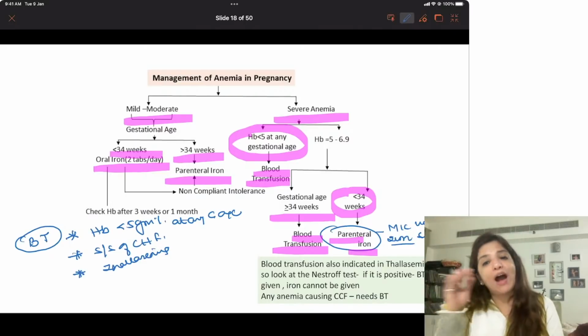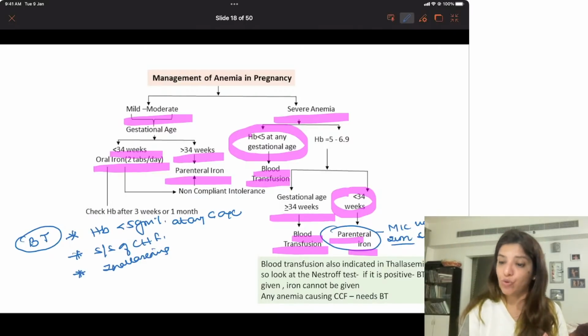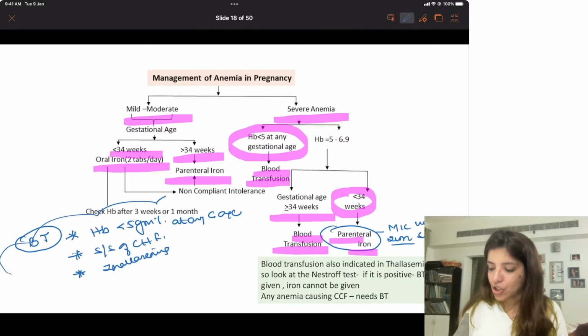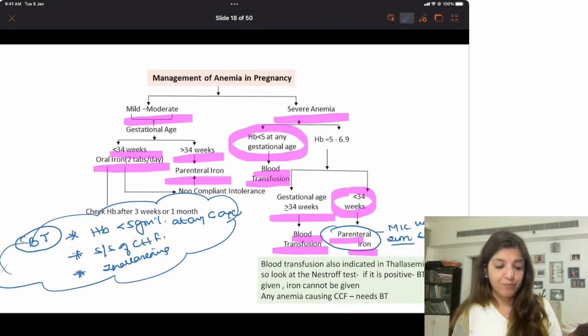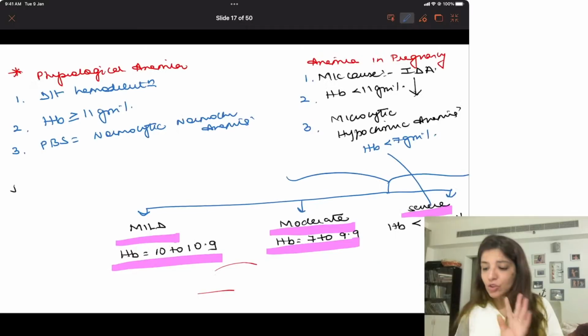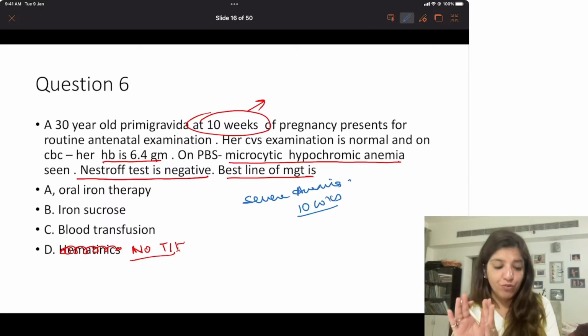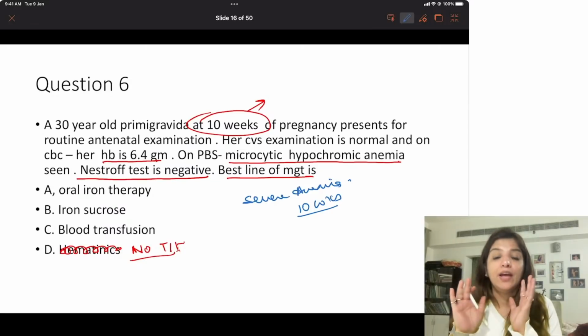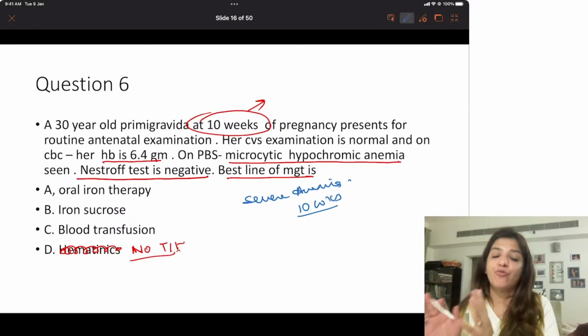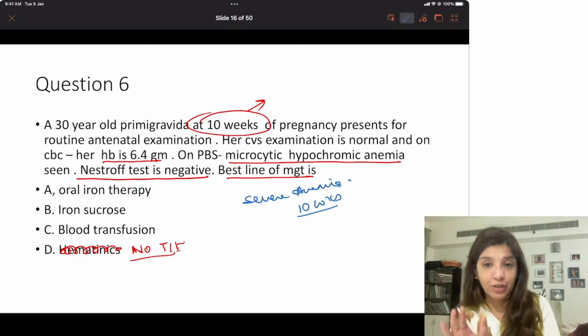In that case, you have to give blood transfusion. So these are the indications for giving blood transfusion. Now please do not jump to the answer just now. This is the algorithm which you follow in your management of anemia in pregnancy generally.